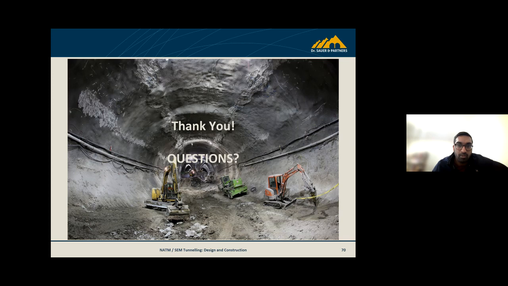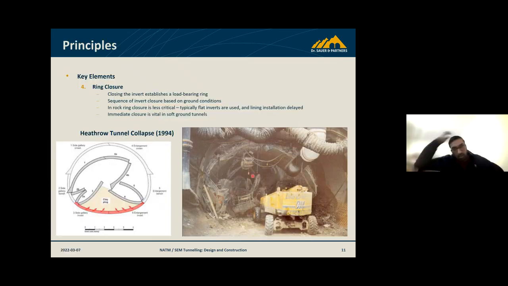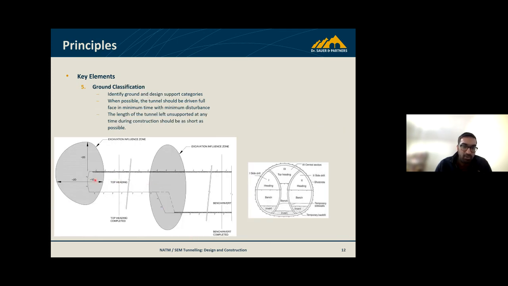Oh, okay, let me just go back to that photo for that slide. I think I can find it quickly. Apologies, I didn't explain it as well as I should have, but essentially, as you're driving these tunnels, we can see from here that you do these top headings, for example, and you have to have some area for the rest of the tunnel to be driven as well.